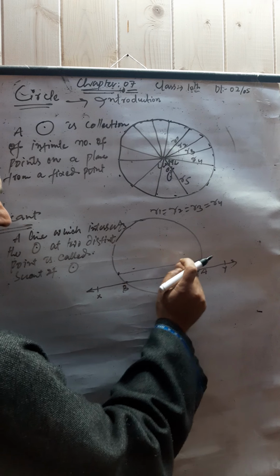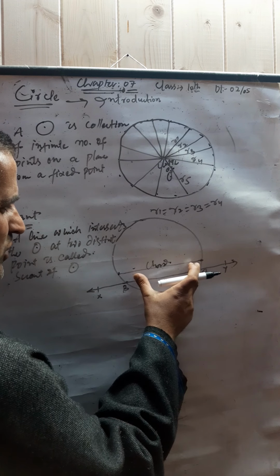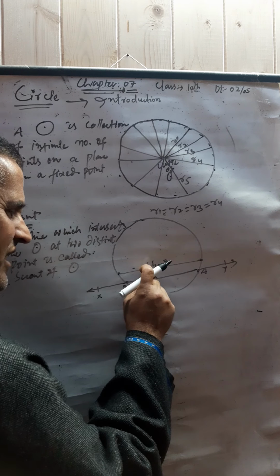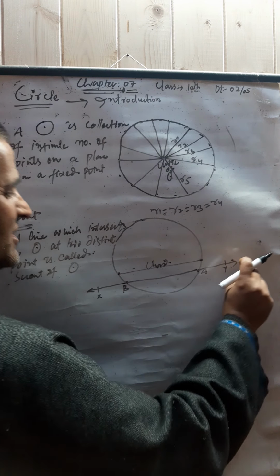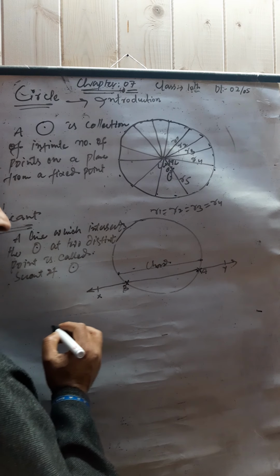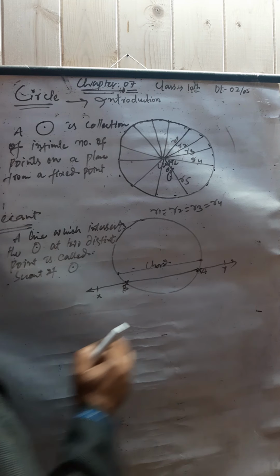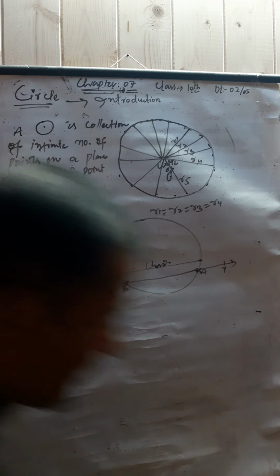The chord touches two different points of the circle internally, but a secant is a line which intersects. Intersect means which passes through the circle at two distinct points. So this is the difference between secant and chord.